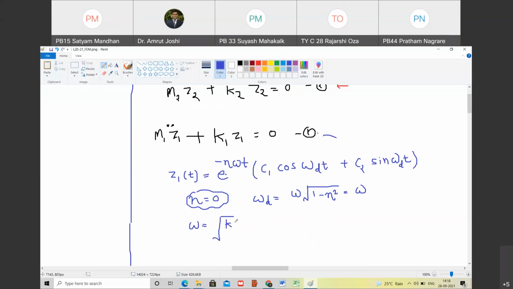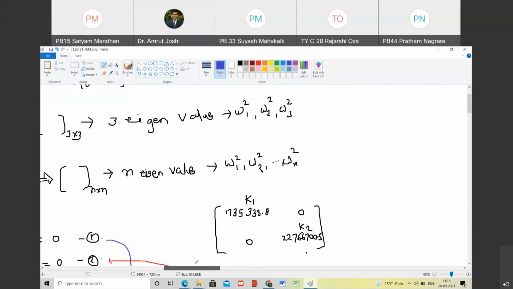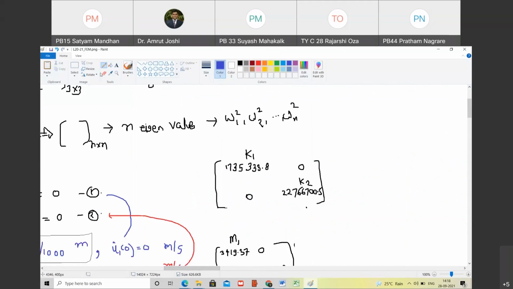Do you agree with me? Yes, sir. For the first equation, k is equal to k1 and m is equal to m1. Do you agree with me? Yes, sir. So it is k1 upon m1. Do we have the values of k1 and m1? Yes, we have, because this is k1 and this is m1. Agreed? Yes, sir. Let me take these values there.